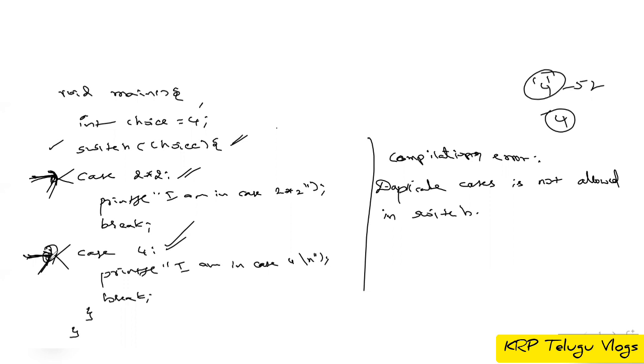Yes sir. So I'm having void main here. Switch (2, 5, 7, 8, 1).